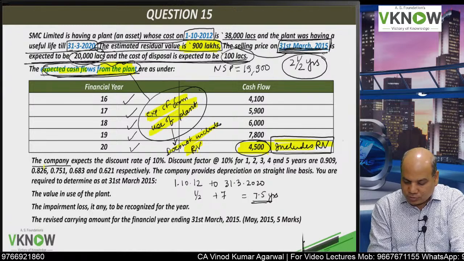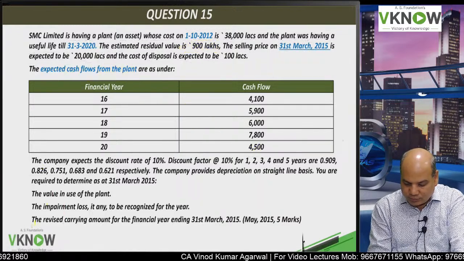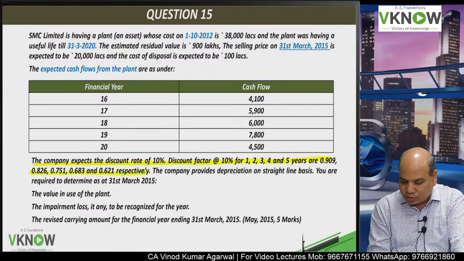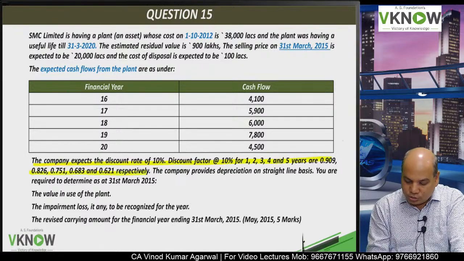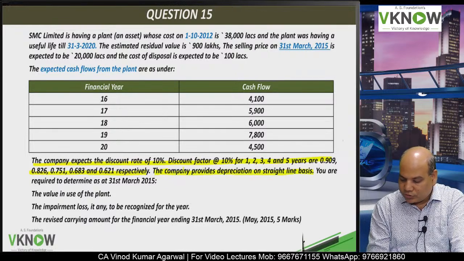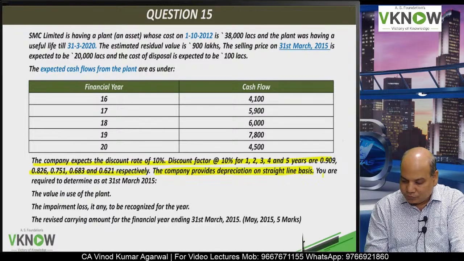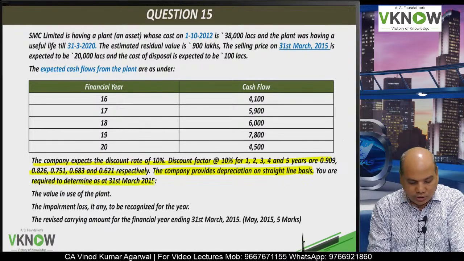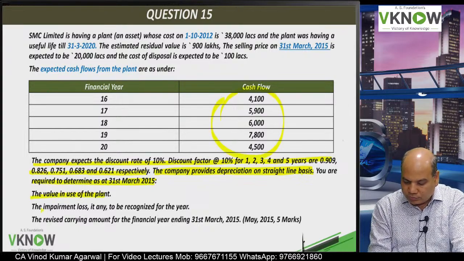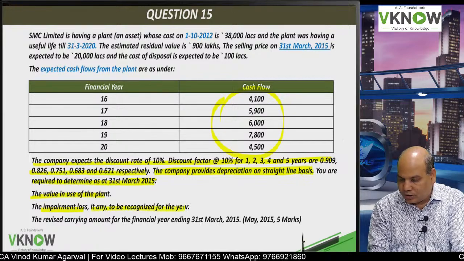Okay, now they have given you discounting factor. Use the same discounting factor if you want, or you can calculate your own factor. The company provides depreciation on straight line basis. Very easy. You are required to determine on 31st March 2015 the value in use, compute the present value and impairment loss if any.